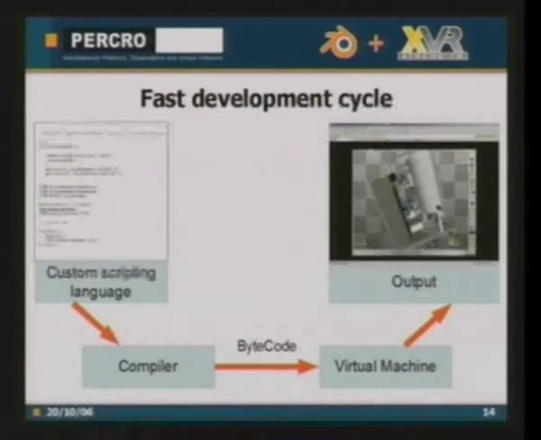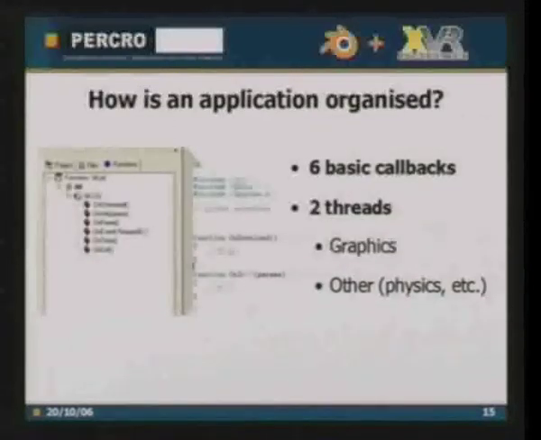And it's really, really fast, much faster than a C application. Applications are organized around 6 basic callbacks, and there are 2 threads, one for graphics and one for custom calculations. You can put physics there or other things.